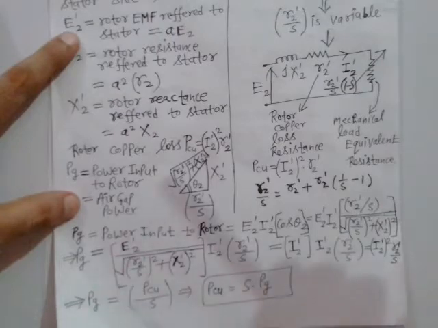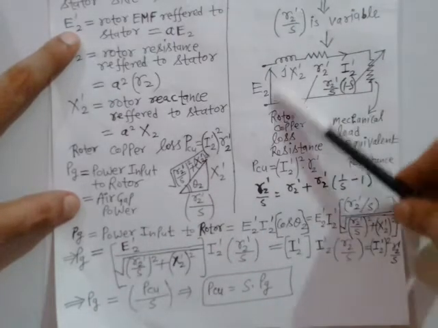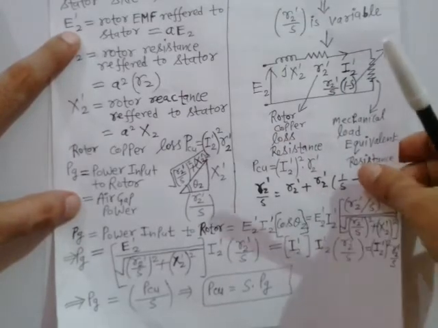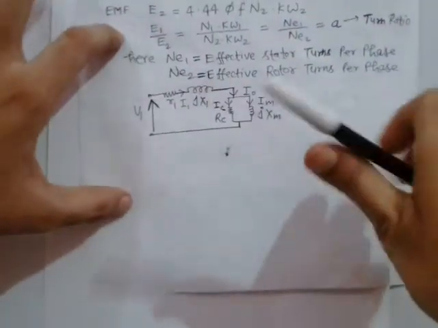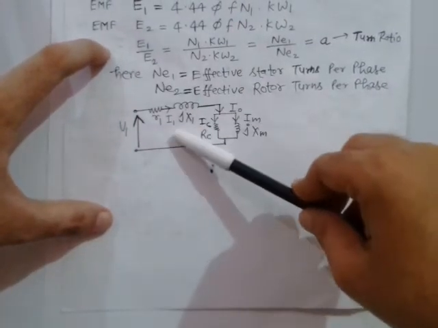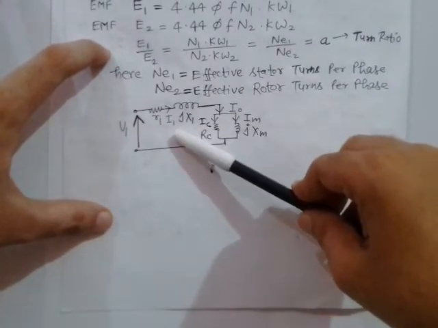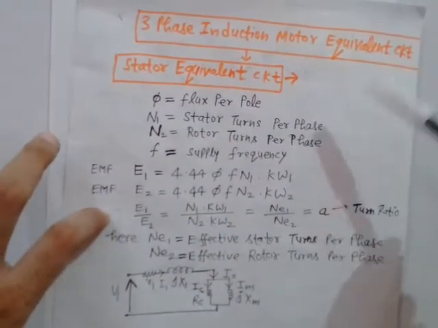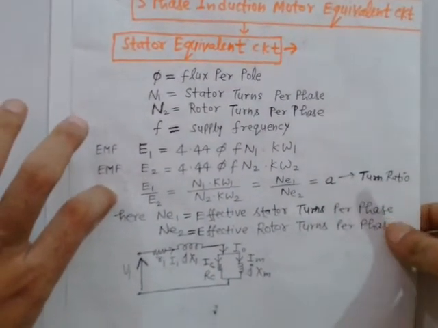Complete equivalent circuit means you will combine the rotor equivalent circuit and the stator equivalent circuit, to get the complete equivalent circuit of the three-phase induction motor, right?